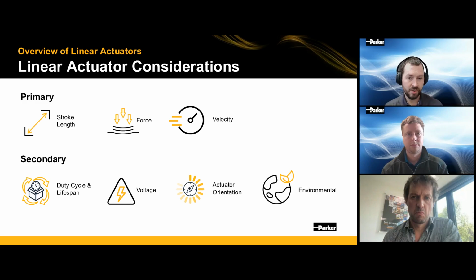Whether it is voltage or current, if you have an application for a linear actuator that has a certain velocity or force requirement, you need to make sure that the allowed voltage and current on your machine is actually able to do the work that the linear actuator needs to accomplish. So looking at, is it a 24 or 48 volt DC system, or is it a 240 volt three-phase AC system that might be seen in an industrial application like a factory? Looking at that voltage and current is really important.